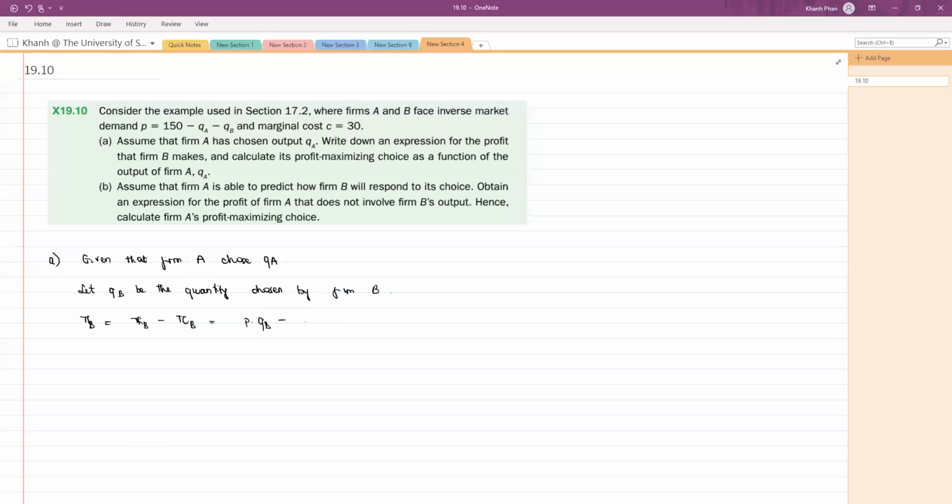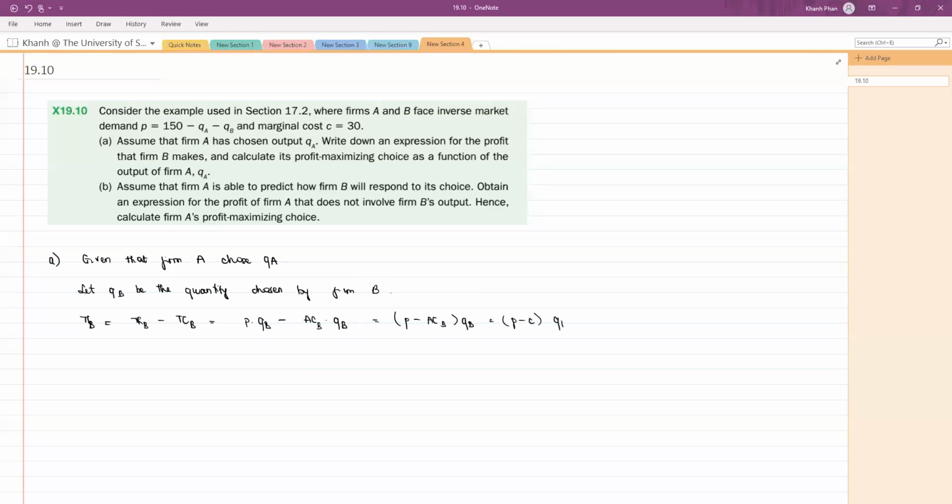Total cost for the firm is the average cost for firm B multiplied by the quantity QB. Now, in this case, because the marginal cost is constant, equal to 30, average cost is going to be equal to the marginal cost. So that is going to be equal to P minus average cost times QB, and in this case, average cost is C.